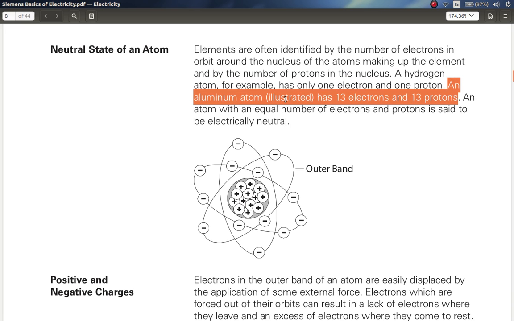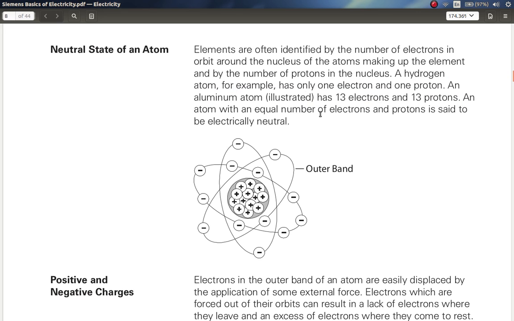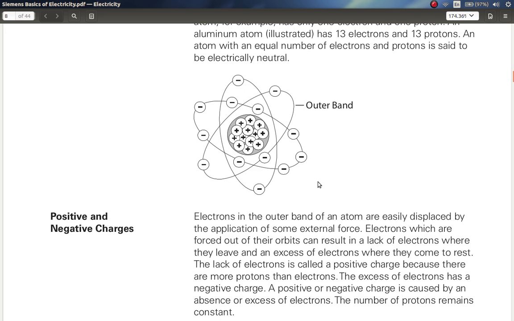An aluminum atom, which you see here, has 13 electrons and 13 protons. An atom with an equal number of electrons and protons is said to be electrically neutral. It is neutral because the positive and the negative charges cancel each other out exactly.